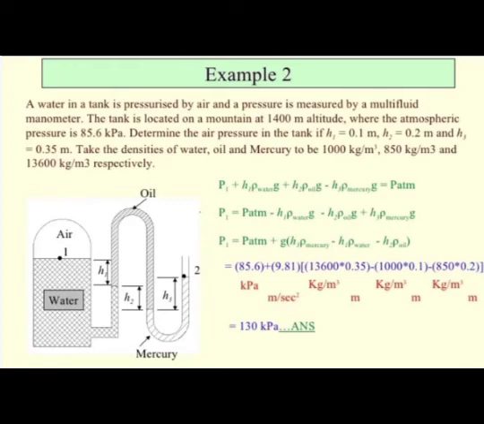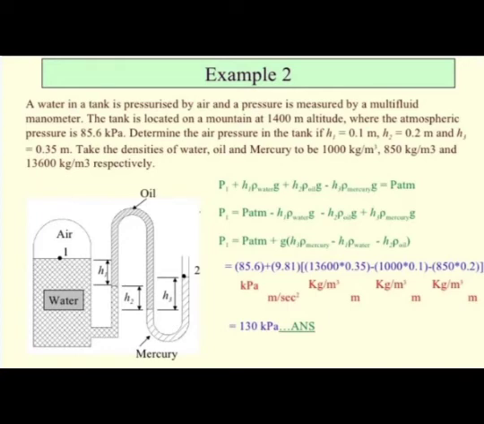Determine the air pressure in the tank if h1 is equal to 0.1 m, h2 is equal to 0.2 m and h3 is equal to 0.35 m. Take the densities of water, oil, and mercury to be 1,000 kg per cubic meter, 850 kg per cubic meter, and 13,600 kg per cubic meter respectively.